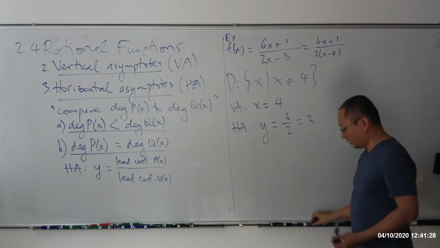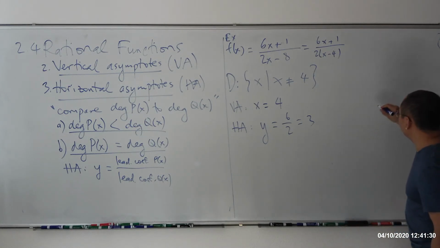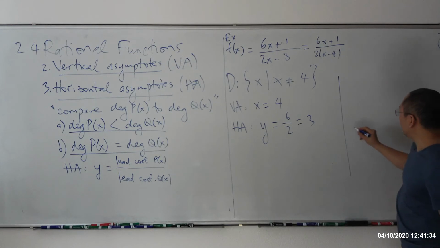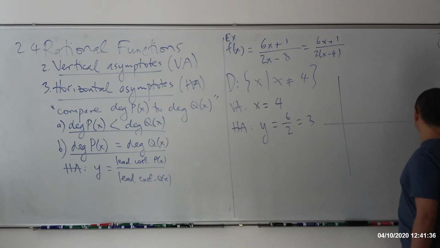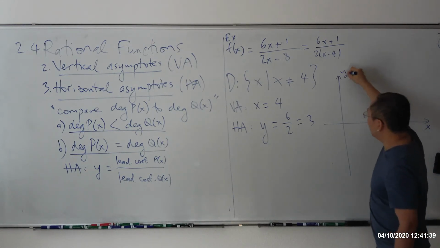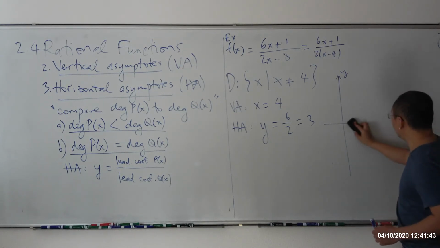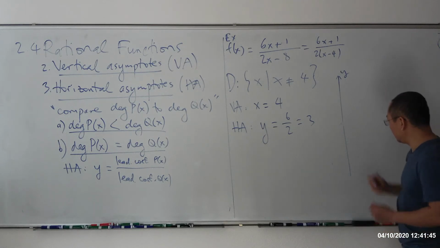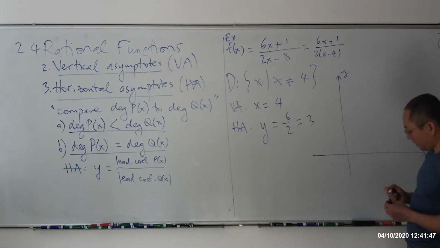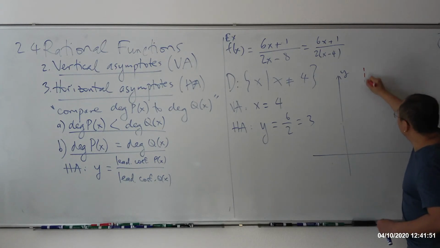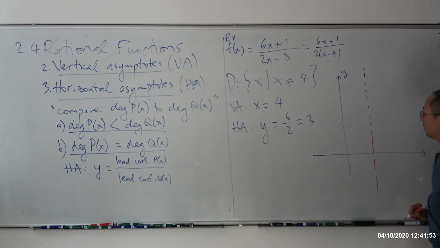Let me sketch the graph roughly. This is my y-axis. This is the x-axis right here. So the vertical asymptote is x equal to 4, right here.